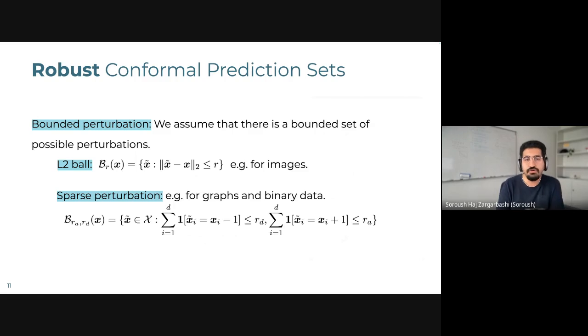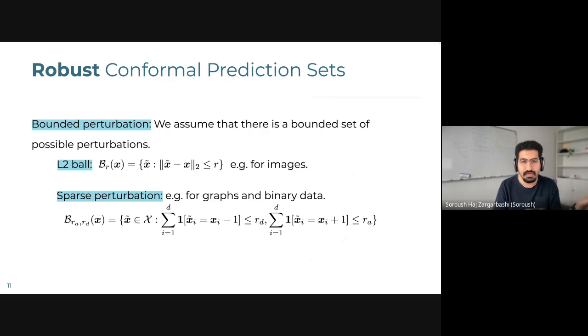So before we dive into how to make this conformal prediction robust, we should go with a bounded perturbation assumption. So basically what we say is that we assume that the perturbation is of such magnitude that the perturbed point and the clean point are close to each other. So for example, for images, I can say that the norm of this difference is within some radius in the L2 norm distance.